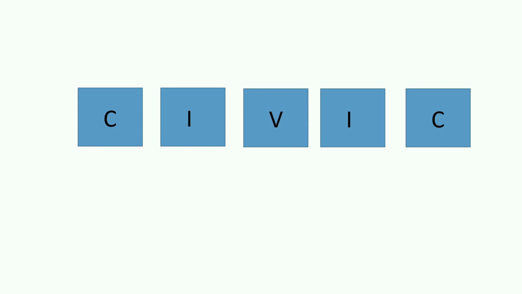Imagine that we have this word civic represented as an array of characters. Initially we have this position 0, start, and we have this finish position, in this case 4. We are comparing these two characters, and if they equal each other, then we increment the start position by 1 and also decrement the finish position by 1.